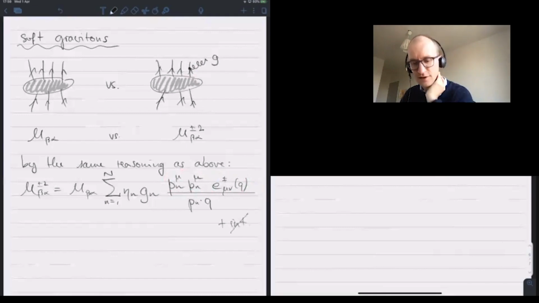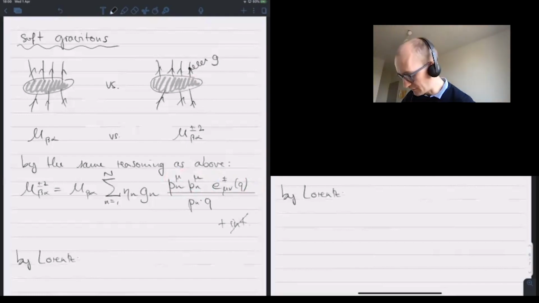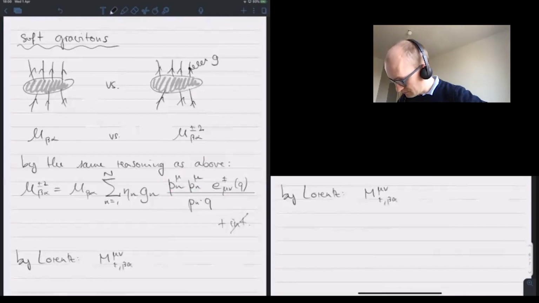Now, let's go through the same steps. By Lorentz invariance, we must have that M mu nu plus or minus beta alpha, if I contract it into the momentum q, say on the nu line, this better vanish.